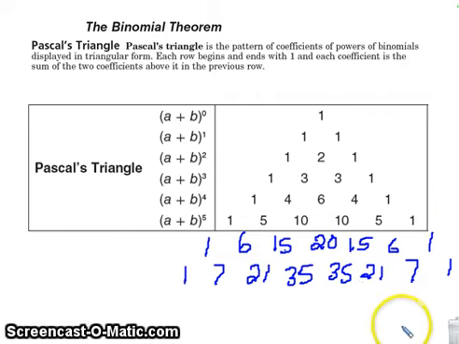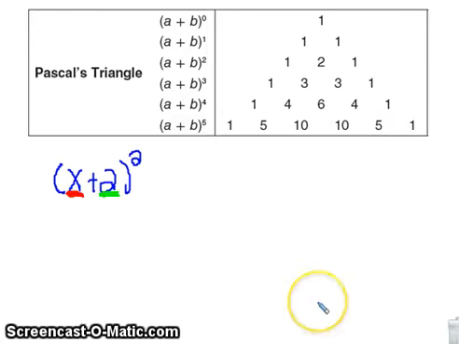You can continue this binomial expansion as far as you want. Now, yesterday we first started with x plus 2 squared. We FOILed the two together and you should have the answer in your notes.